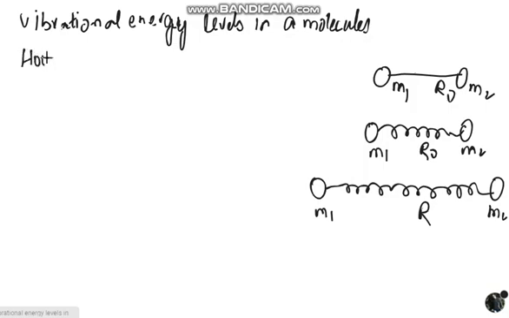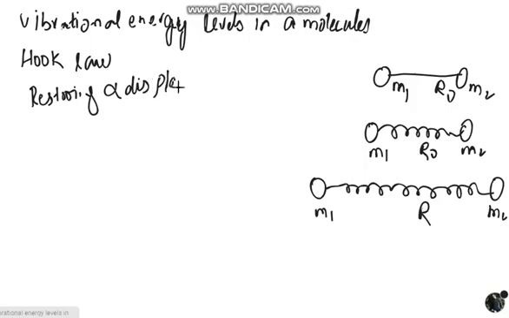As you know, we can apply Hooke's law to bodies attached to a spring. According to Hooke's law, the restoring force is directly proportional to the displacement. So here the restoring force is directly proportional to r minus r naught.